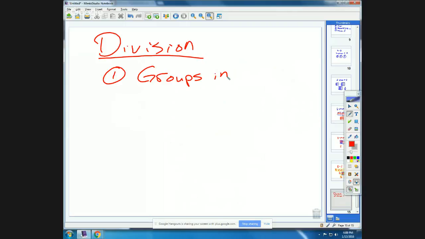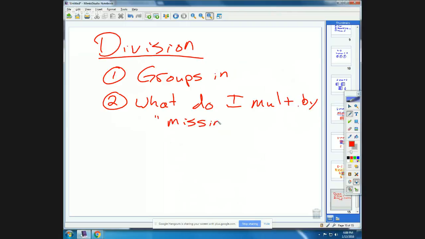What do I multiply by? Yeah. That was also called the missing factor model. Set partition was another one. Repeated subtraction. Yeah, catch up here. Repeated subtraction and set partition.